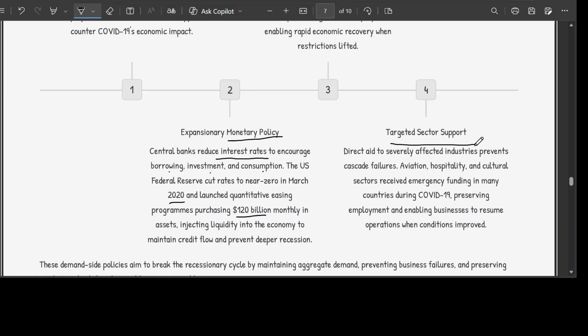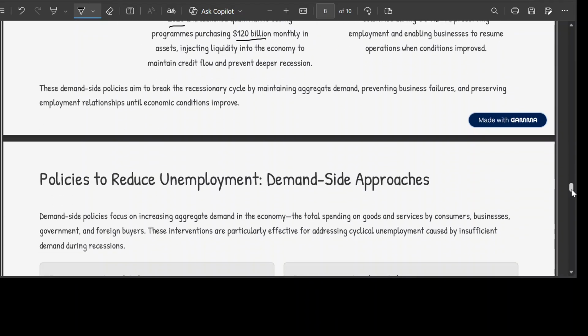Then targeted sector support: direct aid given to affected industries to prevent further failures, like aviation, hospitality, and the cultural sector, which received emergency funding during COVID-19.